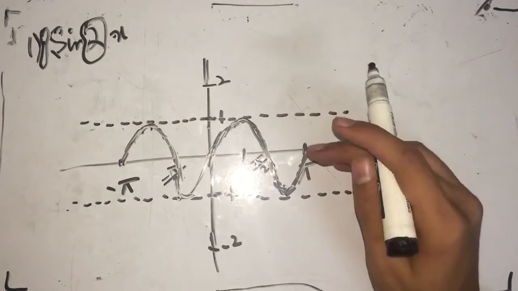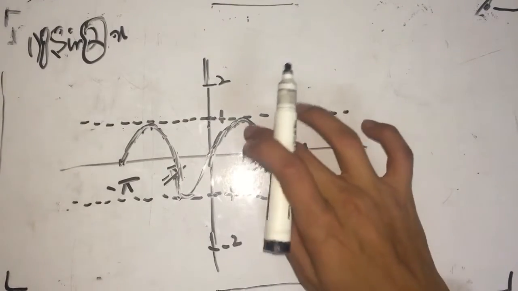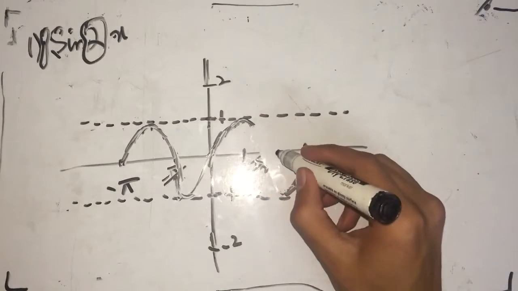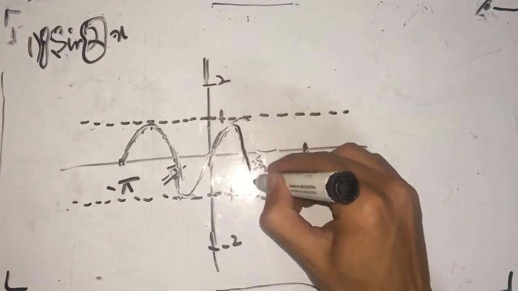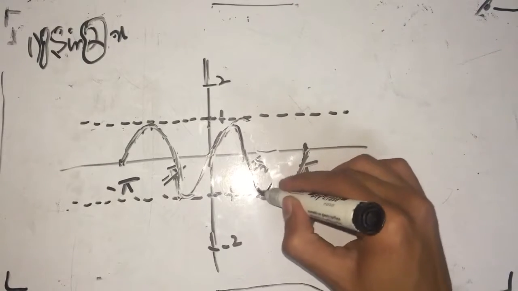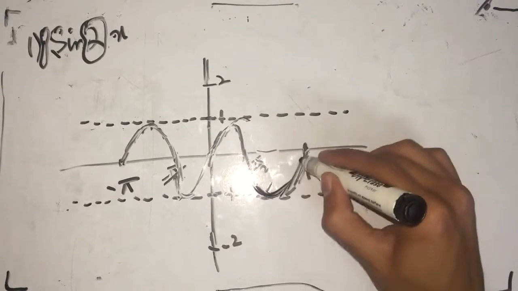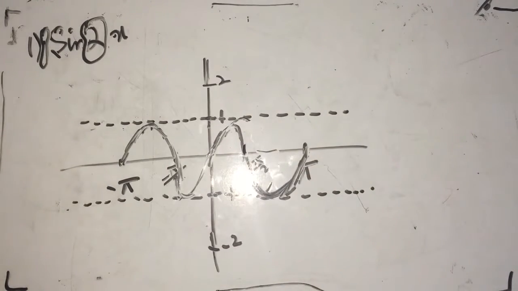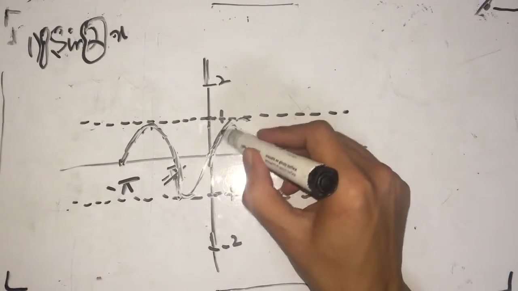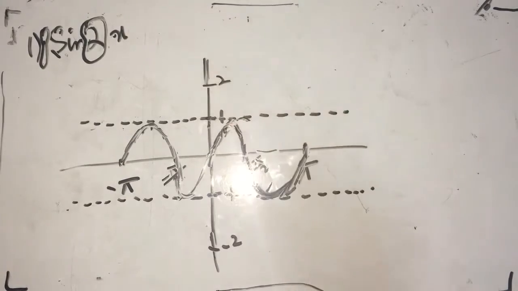Alright, I think I drew it wrong here. It's like this. So this is going to be the function of sine, because its period was pi.